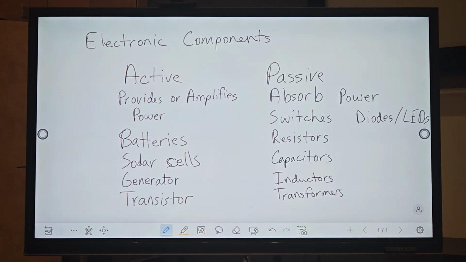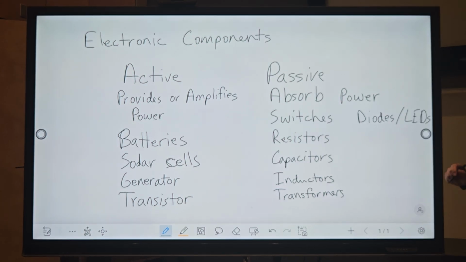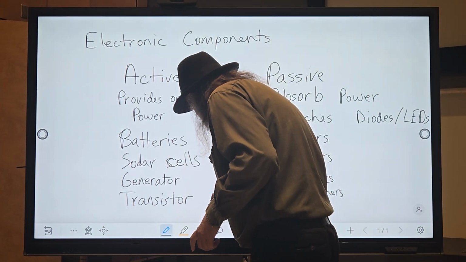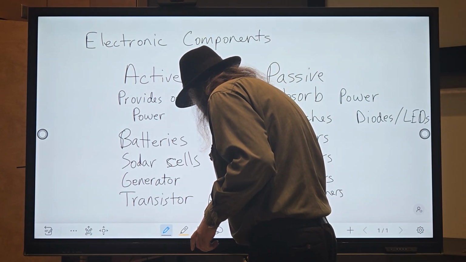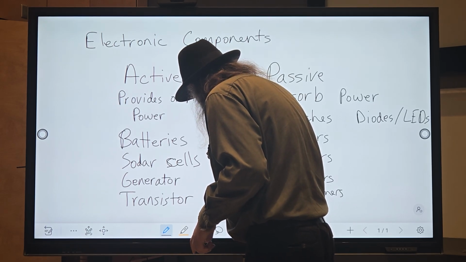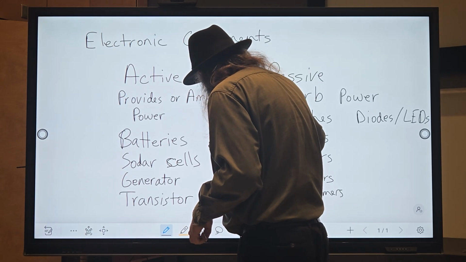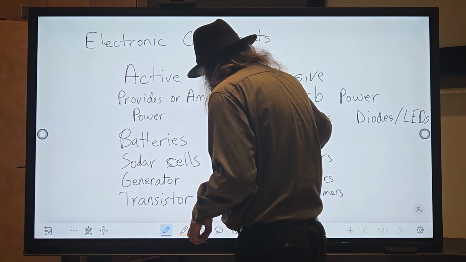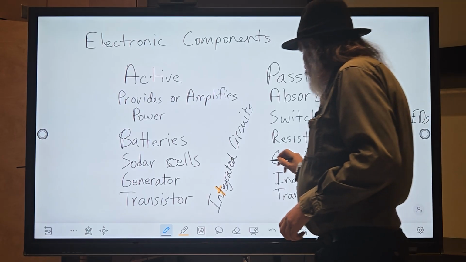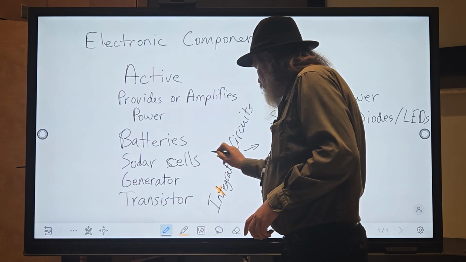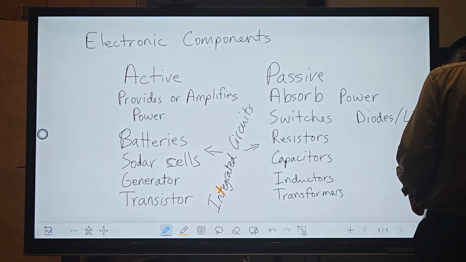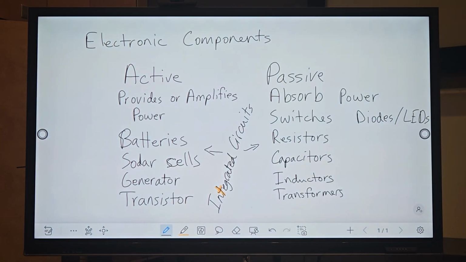Now we get into integrated circuits, which can have both. They can be both active and passive, depending on the type of integrated circuit that you're using.